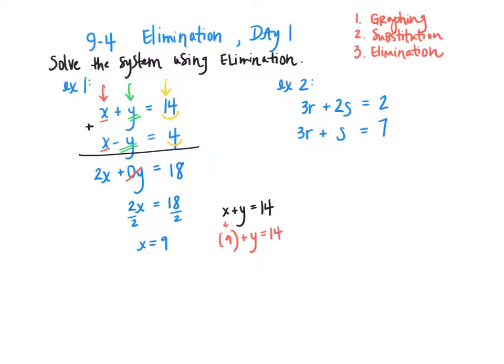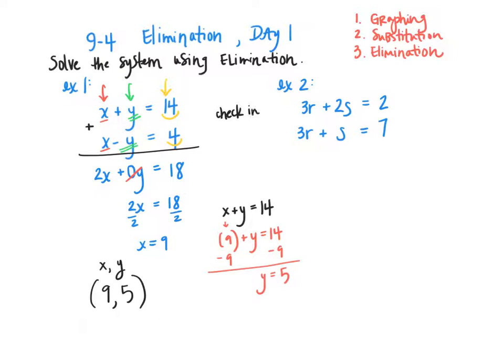You could probably do this in your head, but if not, you just subtract 9. And so y is 5. So then to write my final answer, I'm going to write it alphabetically. 9, which is my x, comma 5, which is my y. And then, remember, it needs to check in both.